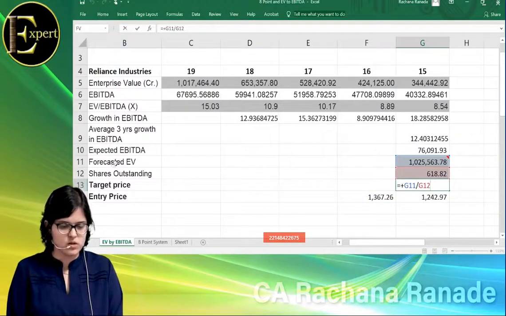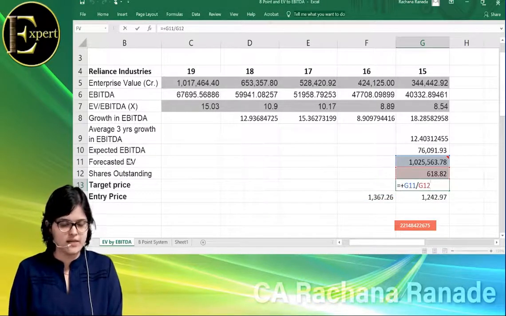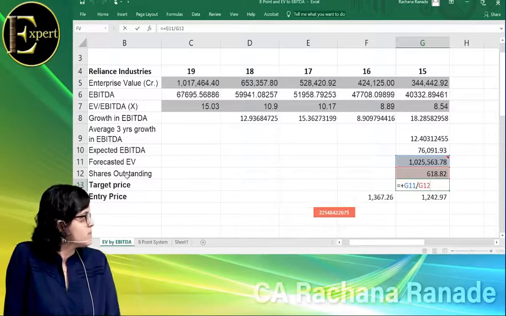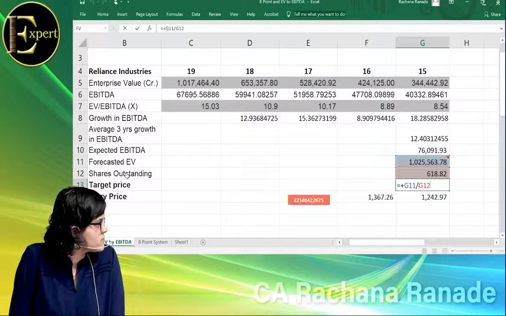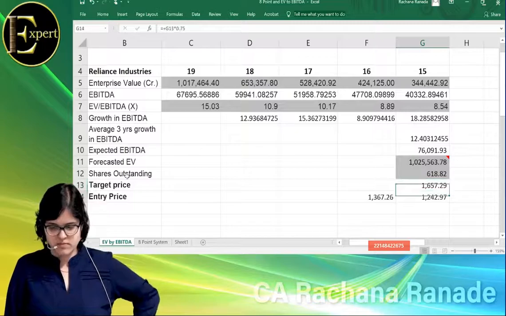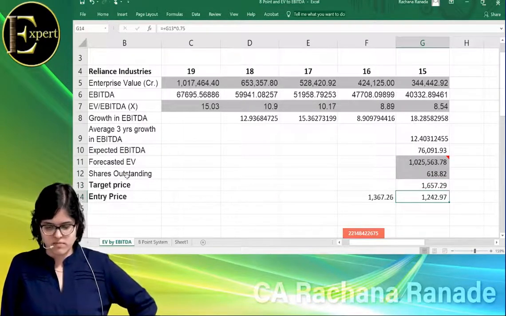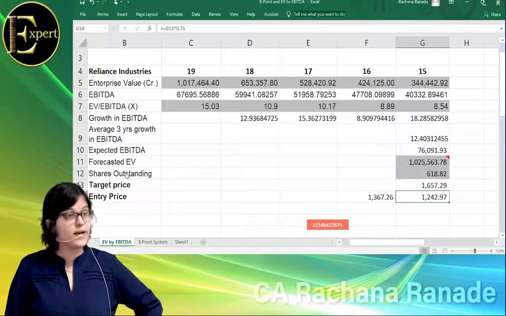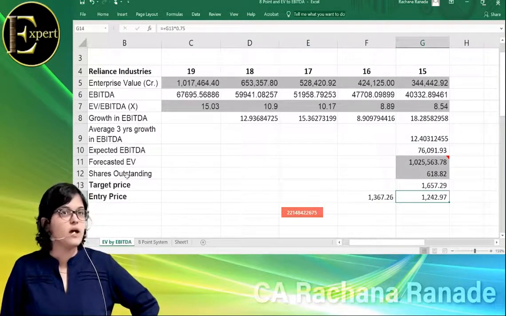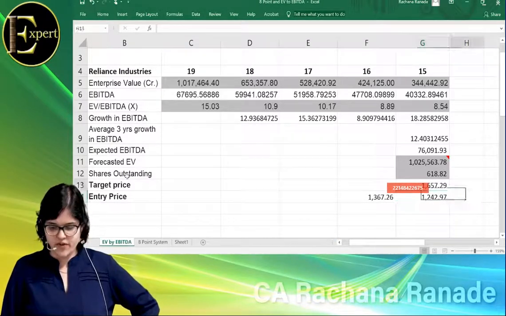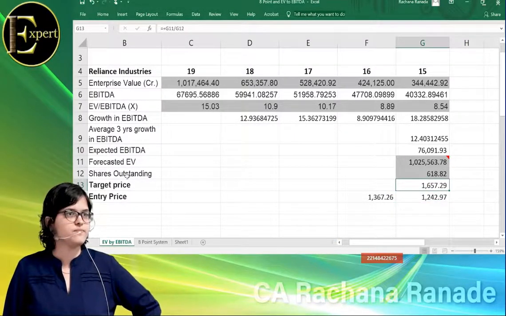So the forecasted EV divided by shares outstanding. And what do we boil down to? What is the last one? Entry price. What did I say? At least 75% of your target price.